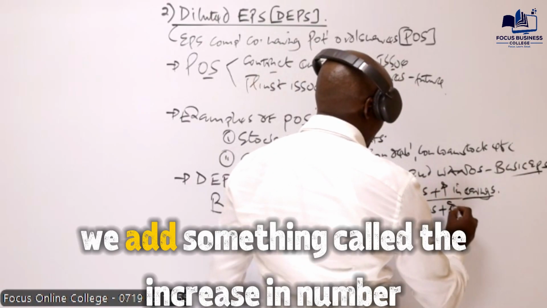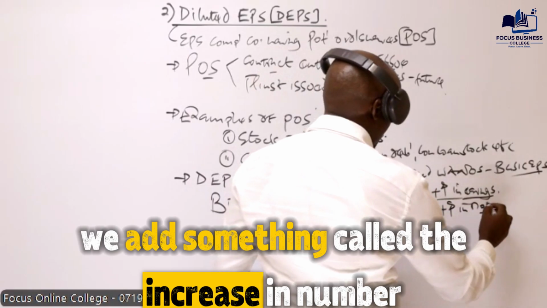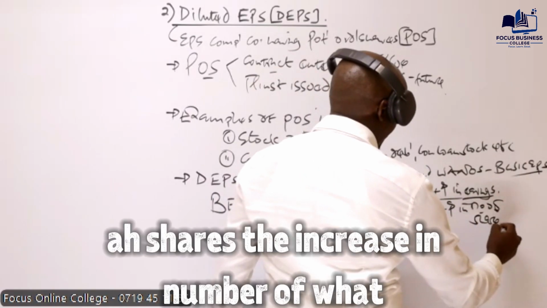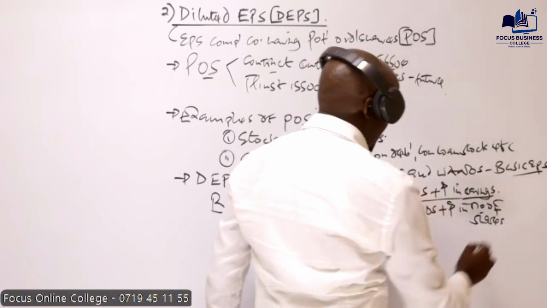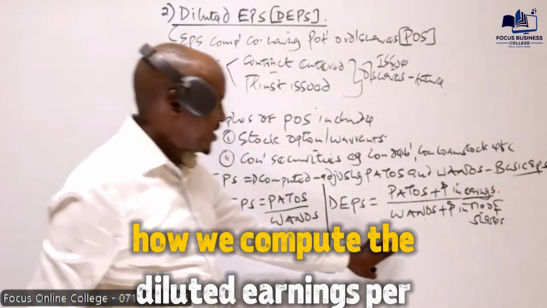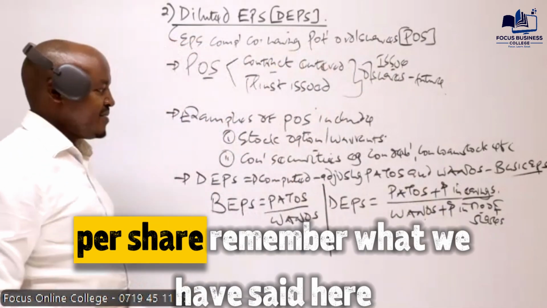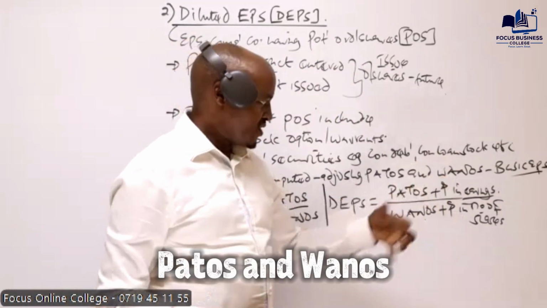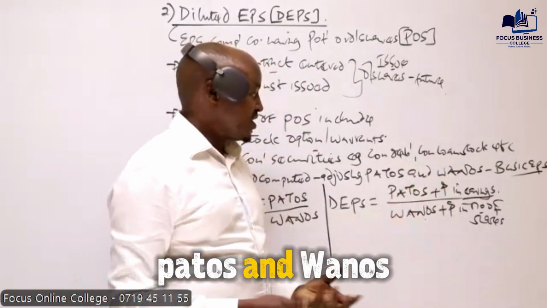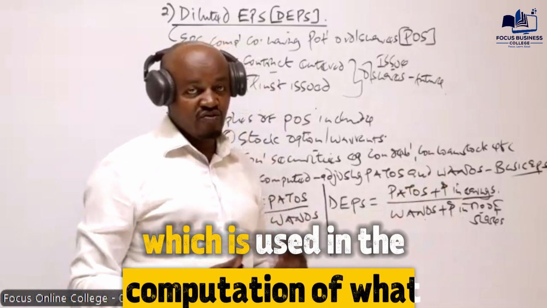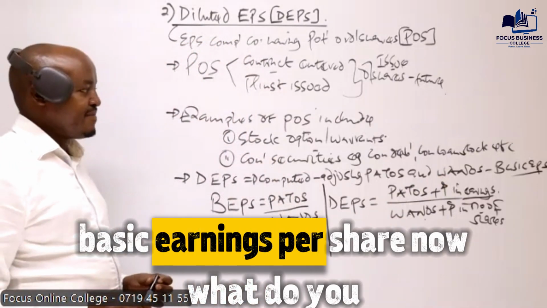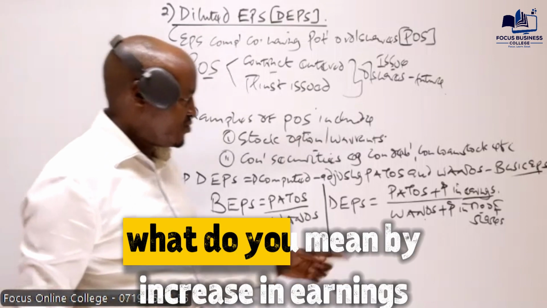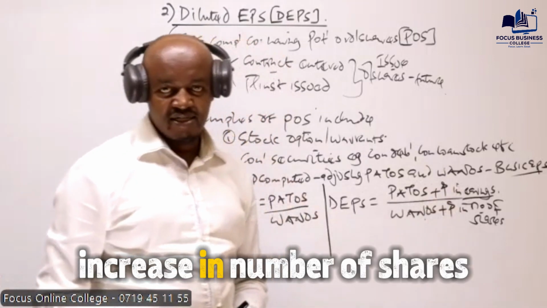And then to the one-offs, we add the increase in number of shares. So this is basically how we compute the diluted earnings per share. Remember what we are saying here: we compute it by adjusting PATOS and one-offs, which are used in the computation of basic earnings per share. Now, what do we mean by increase in earnings and increase in number of shares?